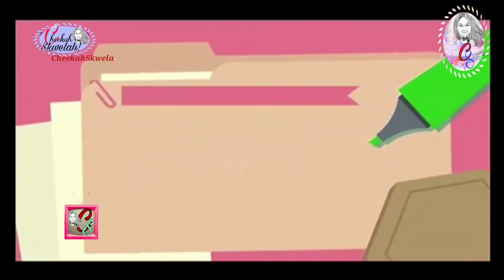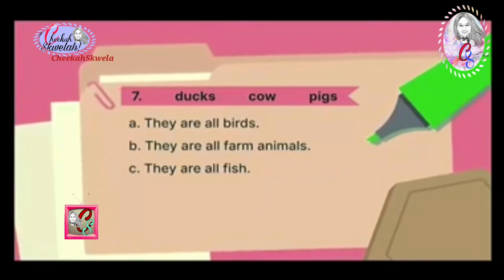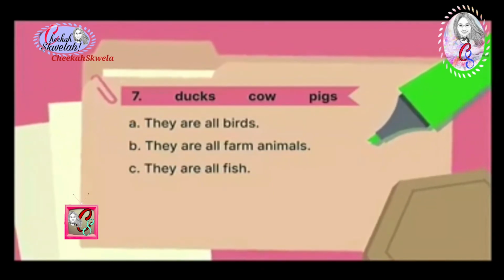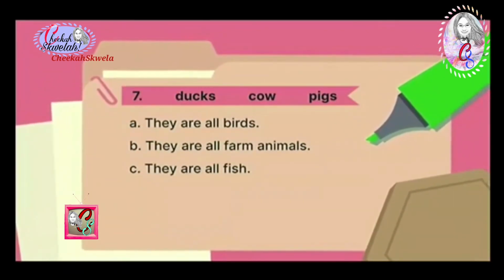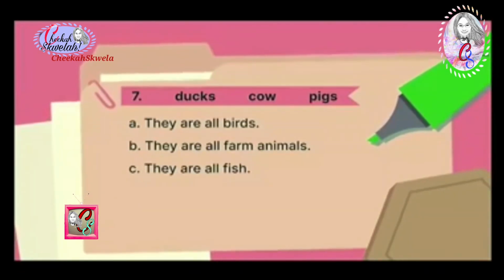The words in the box for number 7 are ducks, cow, pigs. Letter A, they are all birds. Letter B, they are all farm animals. Letter C, they are all fish.